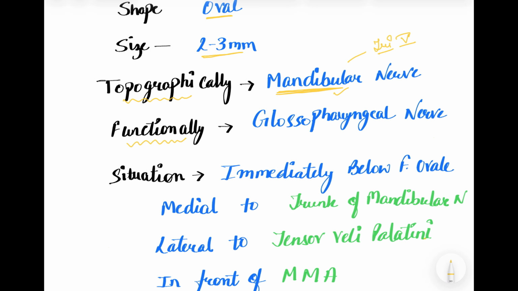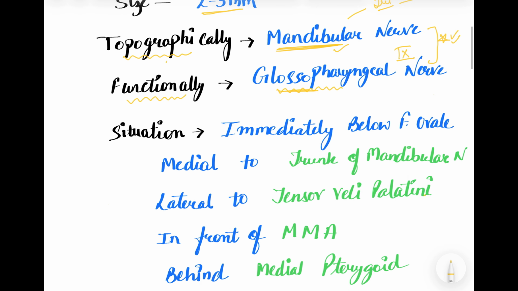But functionally this ganglia is connected to your ninth nerve, that is your glossopharyngeal nerve. So these 2 points are very important regarding the otic ganglia: topographically it is connected to the mandibular nerve and functionally it is connected to the glossopharyngeal nerve.